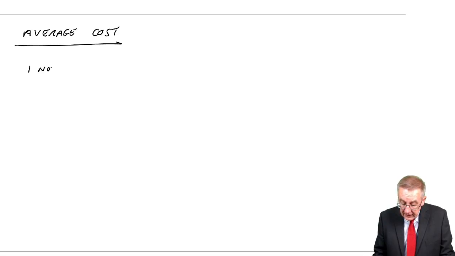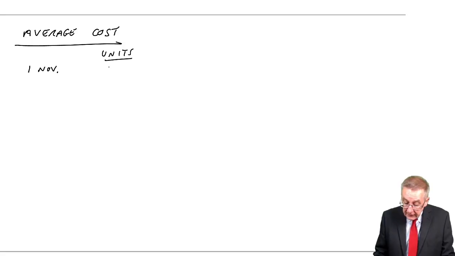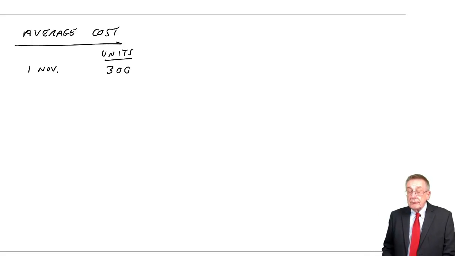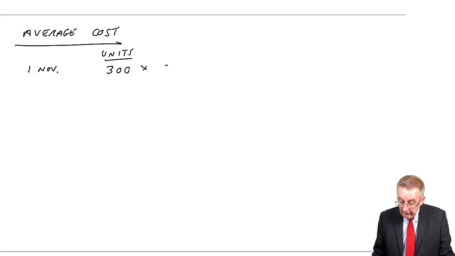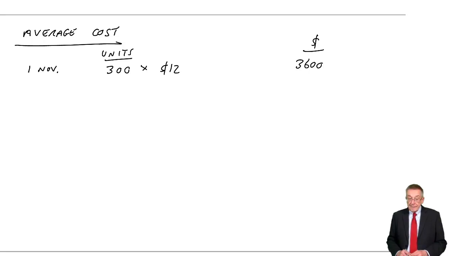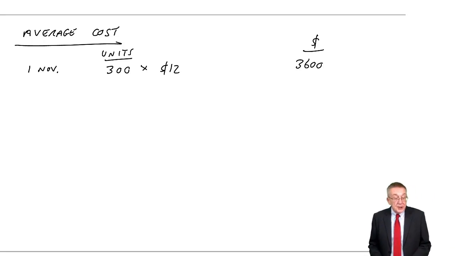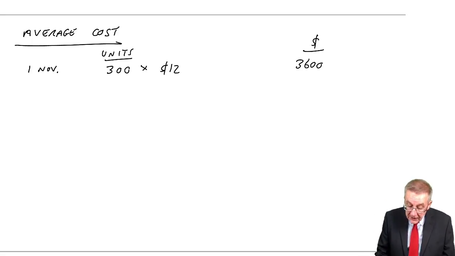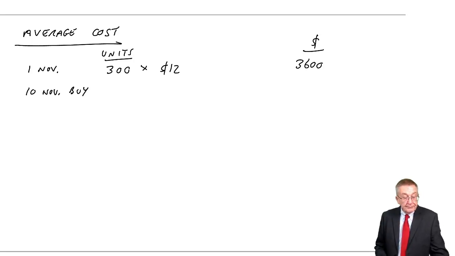On the 1st of November, we had 300 units in inventory. They were $12 each. And so the total value, $3,600. No problem. We work through in date order. So keep a check on the dates, but the next thing that happened was on the 10th of November, we buy some more.